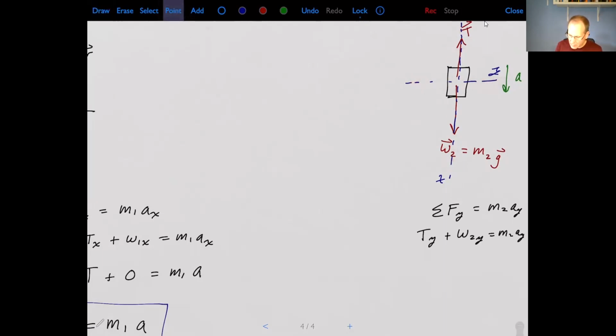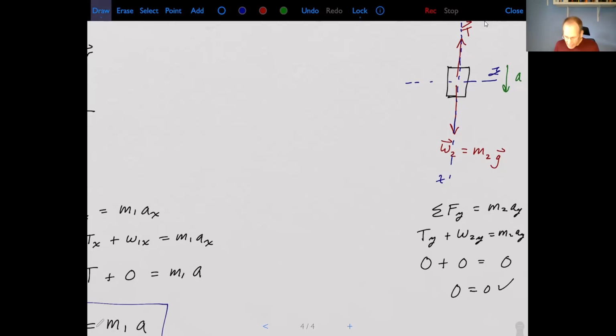X is in this direction. So how much of the tension and how much of the weight are in the Y direction? None, right? Those vectors are in the X direction, what I'm calling the positive or negative X direction. None of it is in the Y direction. So this is basically 0. The Y component of the weight is 0. And we know it's not moving in the Y direction, so it can't be accelerating in the Y direction. So this is 0. So this equation just says 0 equals 0, which is true, but it's not really helpful.